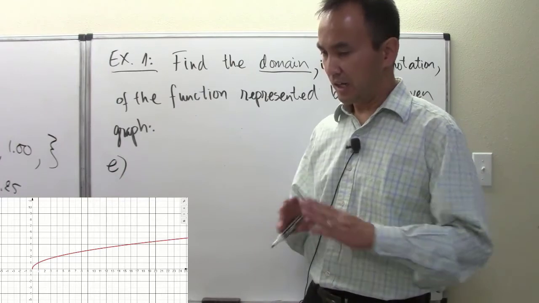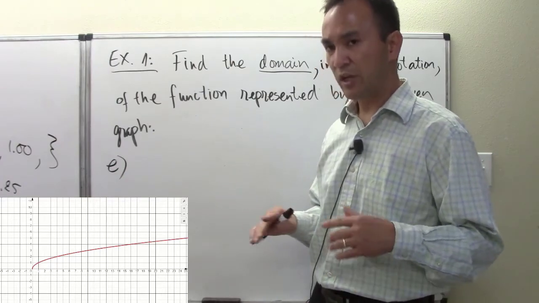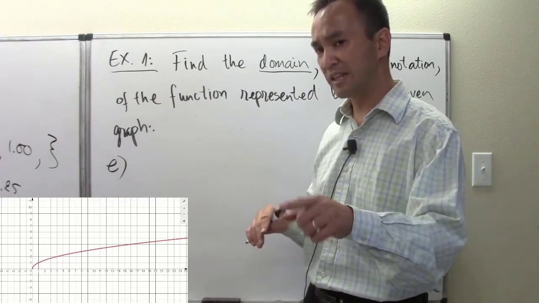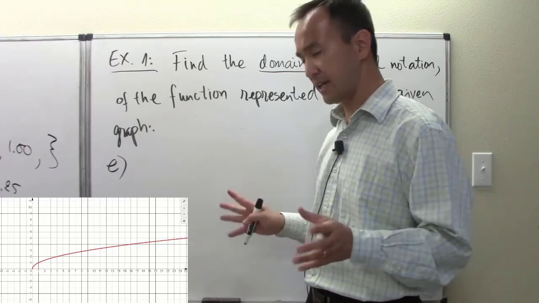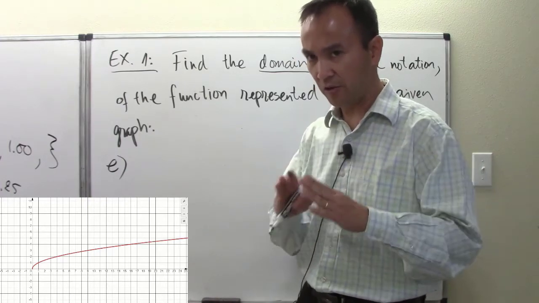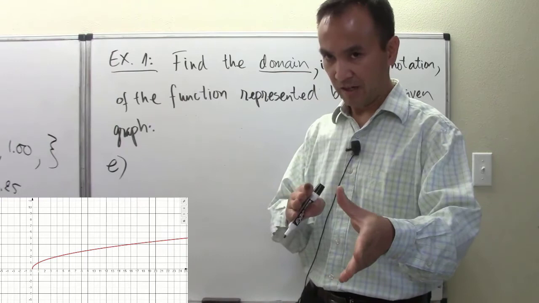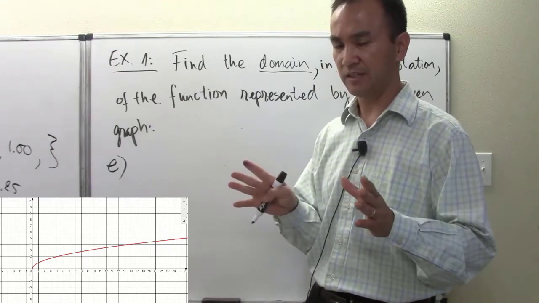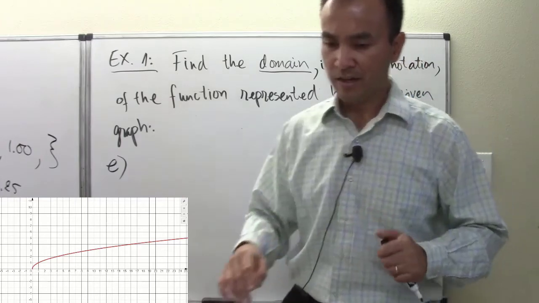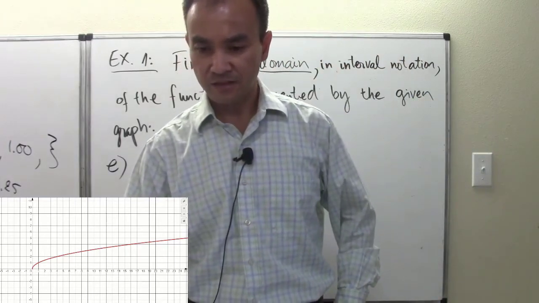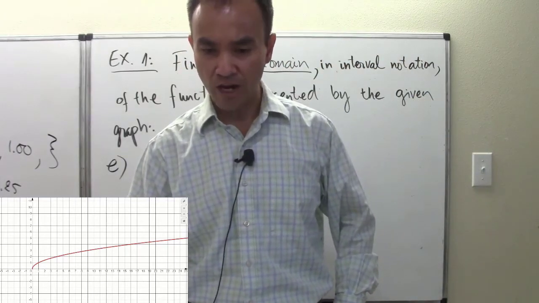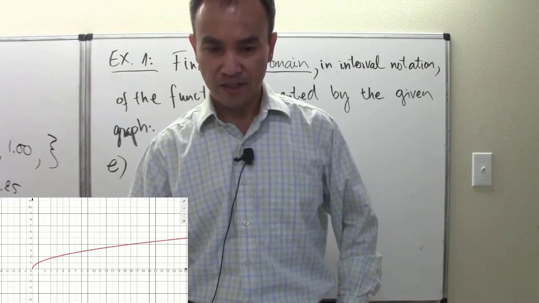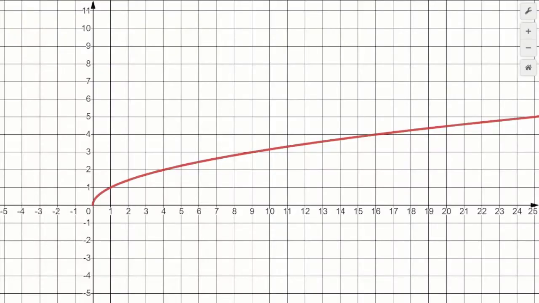Okay, and again, nobody viewing this video is required to know what rule gives out this graph. All I care is that we have a function already represented graphically, and the graph is given here. Okay, and let's look at the graph to decide what the domain is. Okay, and so this graph has hidden away some details. Okay, but let's investigate that a little further.